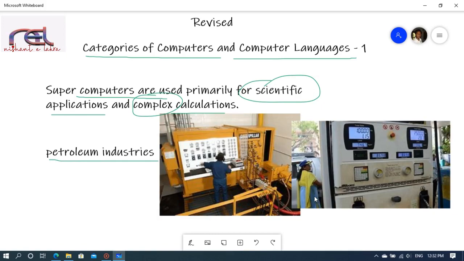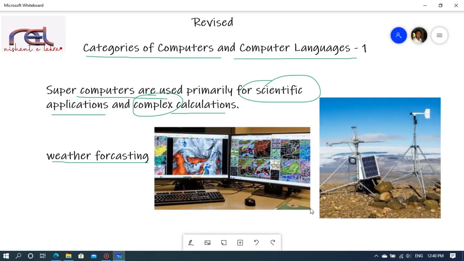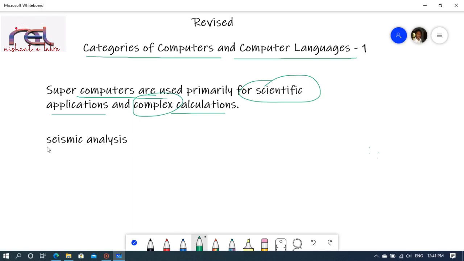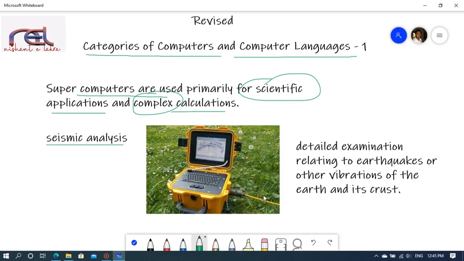They are used for weather forecasting, to tell about the weather. They are used for seismic analysis. This is a seismic device. I will tell you what is the use of this. What it does is detailed examination relating to earthquakes or other vibrations of the earth and its crust. So that is the work of a seismic device.